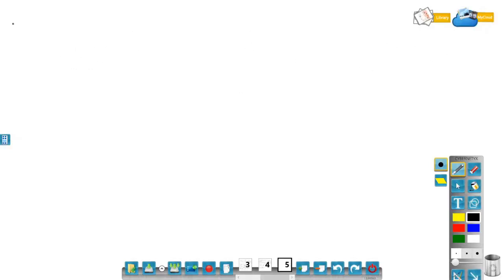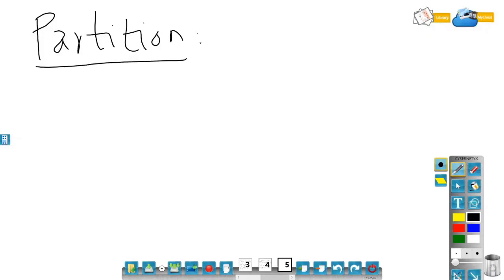So our first definition is partition. The definition is as follows.